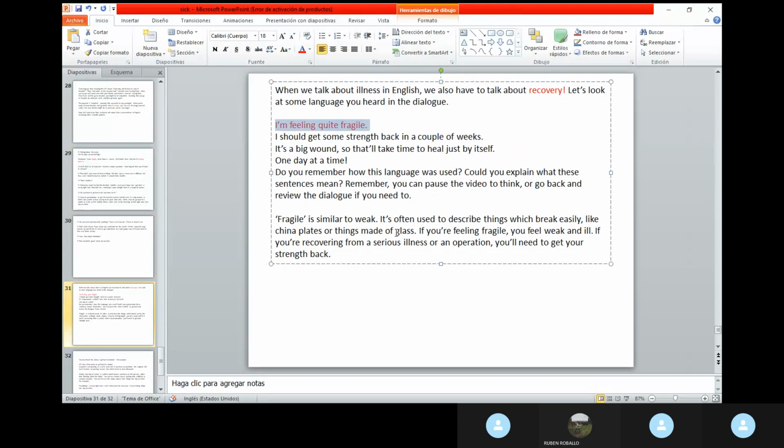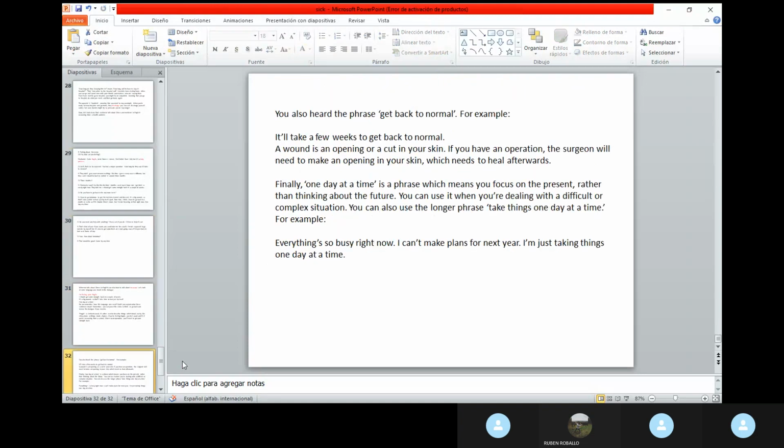If you're feeling slightly weak, ill, if you're recovering from a serious illness and operation, you need to get strength back. O sea que lo que les acaba de decir es que está un poco débil y todavía necesita mucho tiempo.